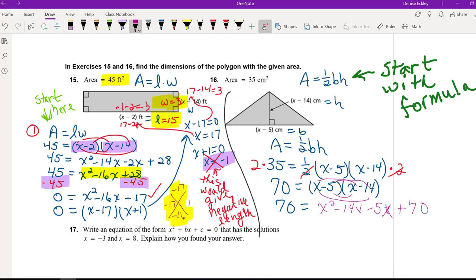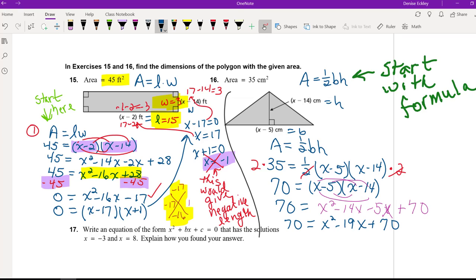Pretty sure that's right. Yep, that's 70. Okay, so now putting my like terms together, I have 70 equals x squared minus 19x plus 70. Oh, this is going to work out real nice.